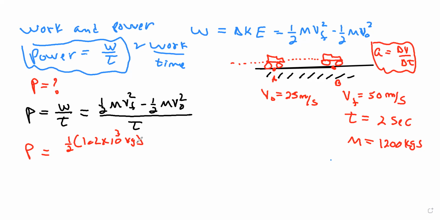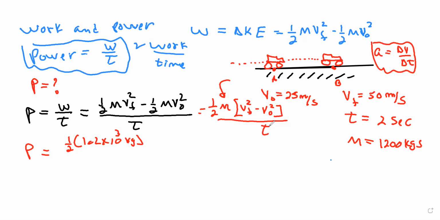And you can factorize this one right here. It's going to be 1/2 m. You can just pull it out. So it's going to be final velocity squared minus initial velocity squared. You can factor the mass out because it's repeating in both terms, and you can also pull out the 1/2. And don't forget, you got time over here.